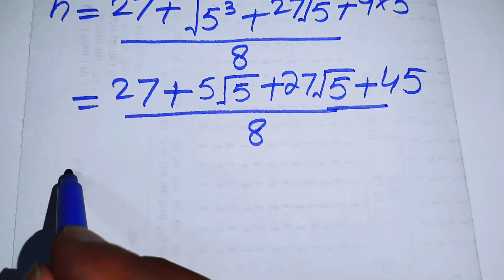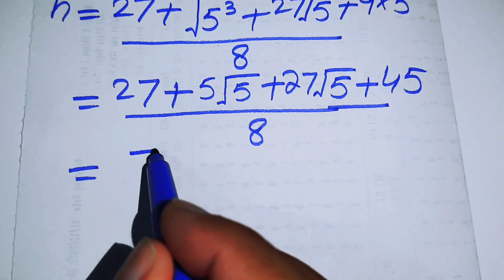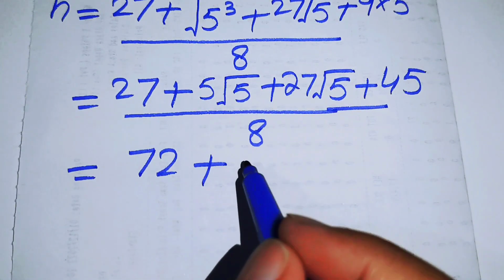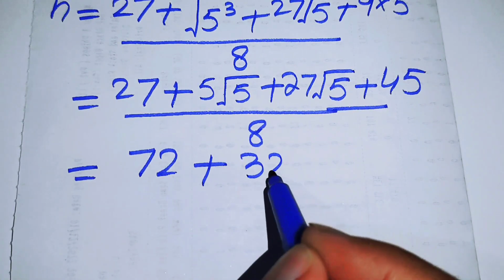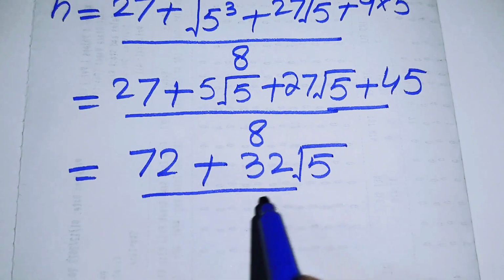And now we can add the similar terms. So here you have 27 plus 45 equals 72, and plus we can add 27 plus 5 equals 32 times square root of 5 over 8.